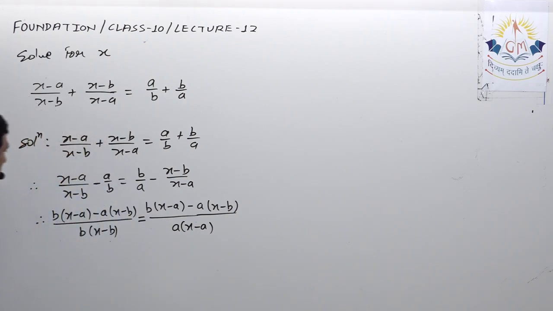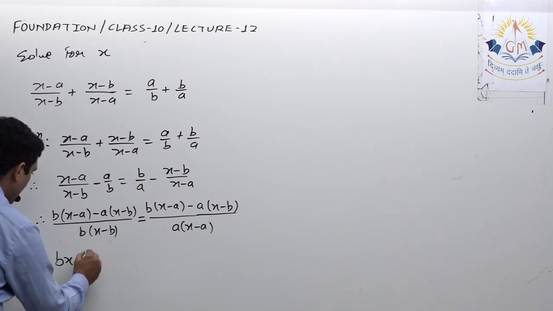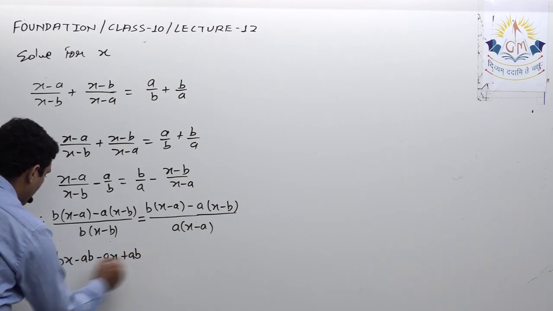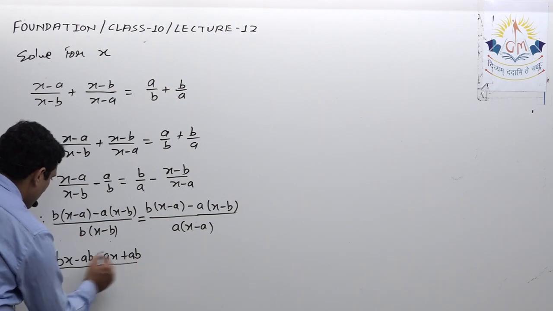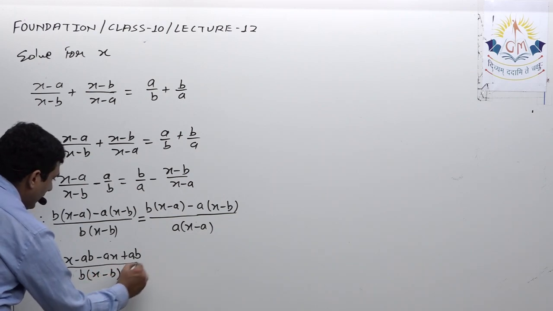Now next step, I will open the bracket. If I open the bracket, I will get bx minus ab minus ax plus ab. Here I am writing it as it is; I am not opening the bracket right now, though definitely I have to open it.